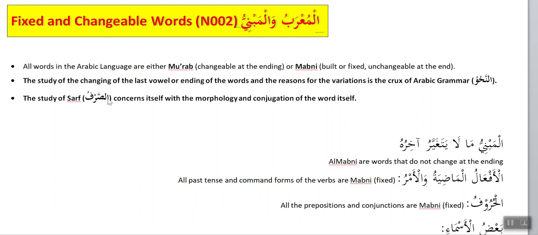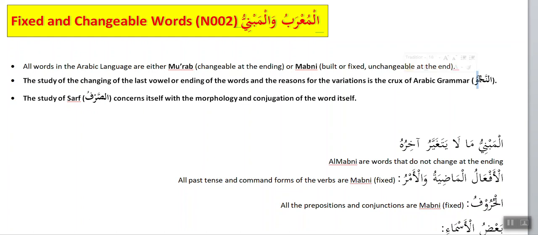There's another study that's called ilm as-sarf. That is morphology, or the conjugation of the words themselves, the formation of the words. So Arabic words have structure. When you study the structure of those words, that study we call sarf.